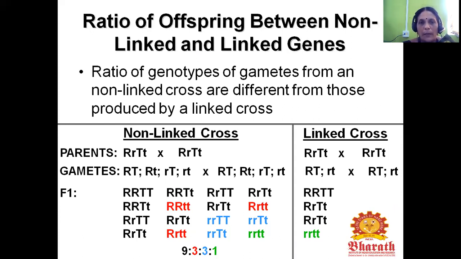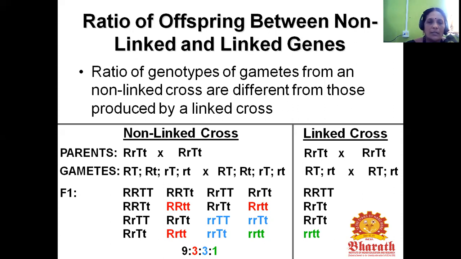So the ratio of offspring between non-linked and linked genes. The ratio of genotypes of gametes from a non-linked cross is different from those produced by a linked cross. In the case of a non-linked cross, the parental capital R, small r, capital T, small t is crossed with capital R, small r, capital T, small t. The gametes are formed, and in the F1 generation, you get a 9:3:3:1 ratio.